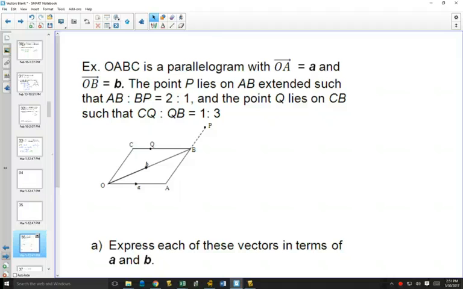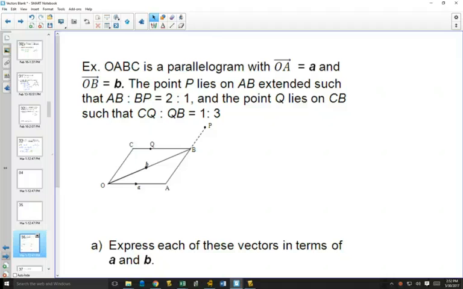So now we're going to look at vectors and some proportions. So in this question, we've got a parallelogram, so you know that the opposite sides of a parallelogram are parallel and equal length. That's why it's called a parallelogram. Learn something new every day.